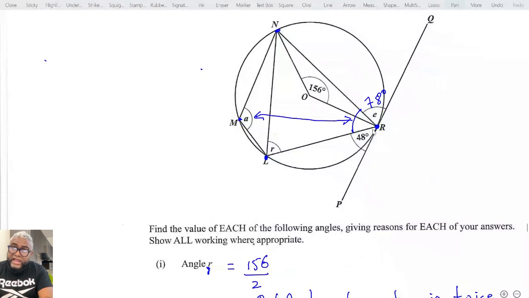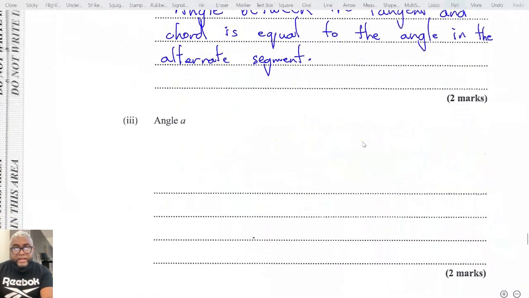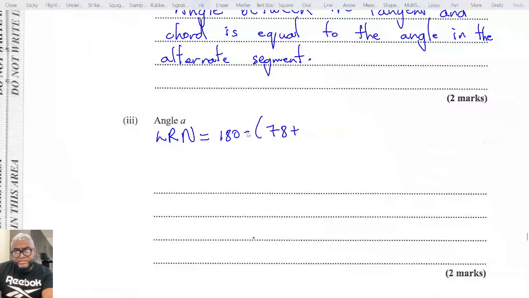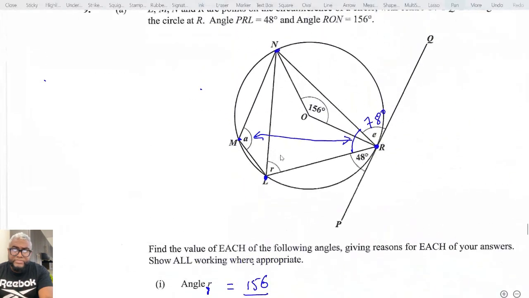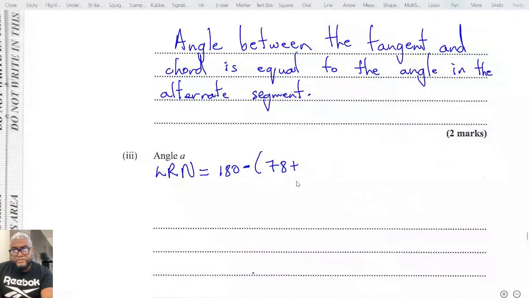We're going to find first angle LRN. So LRN is equal to 180 minus 78 plus 48. Anybody remember? I'll scroll up. 78 plus 48 is 126. 180 minus 126 is 54, right?